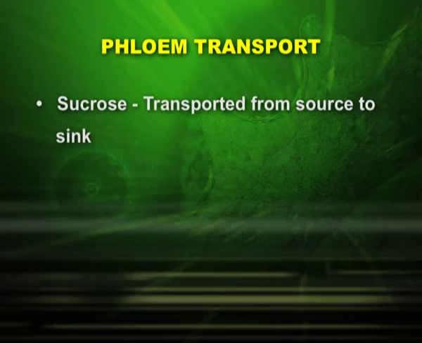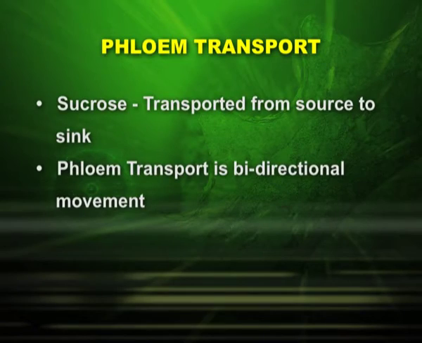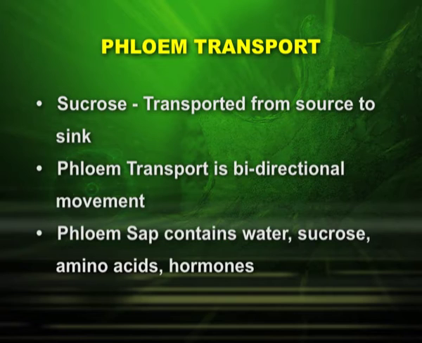Second important point is that phloem transport is bidirectional movement, unlike unidirectional in xylem, because in plants the food is prepared in the leaves and then it is transported to the various parts of the plant body. Now, let us see what the phloem sap contains. The phloem sap contains water, sucrose, amino acids and hormones.